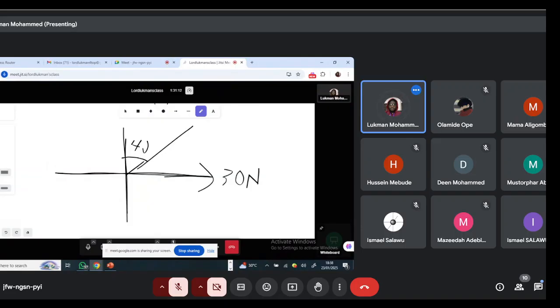And then this is 18 newtons. This one is 12 newtons and this 15. Okay, there is this one here as well, making an angle of 60 with the horizontal.